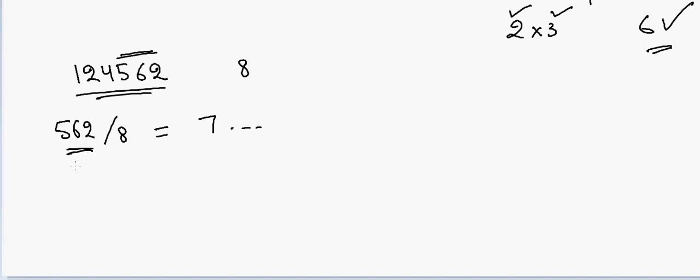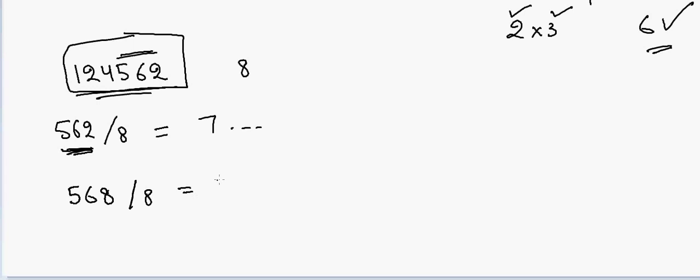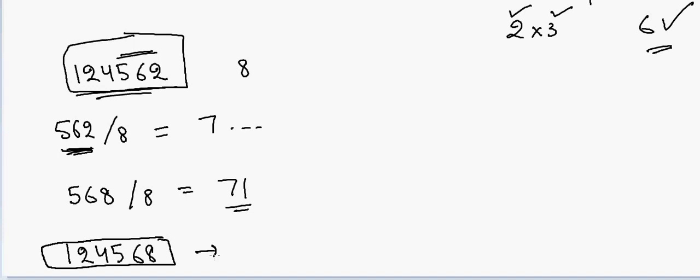So this number is not divisible by 8. How can I make it divisible by 8? By making these 3 digits divisible by 8. If I have 568, that can be divided by 8, so we'll get 71. Therefore if I change this number to 124568, then this number would be divisible by 8. So then in that case it will work.